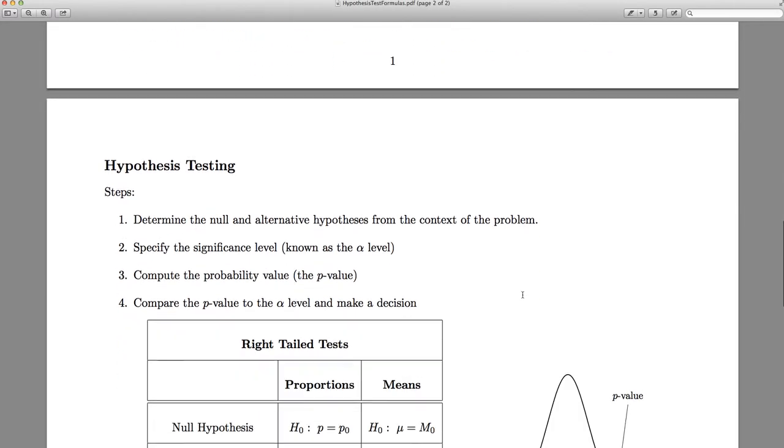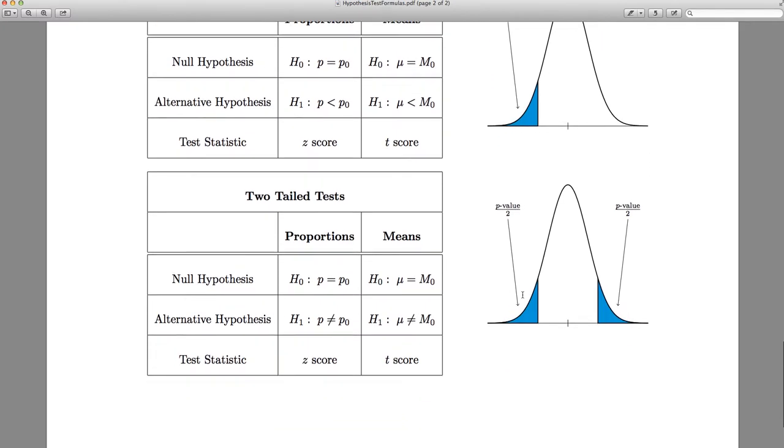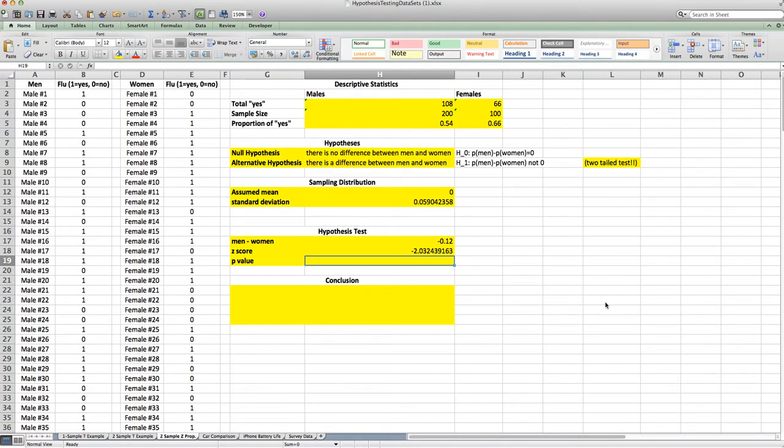Let's scroll to the bottom and look at our two-tailed test. I'm going to be interested in this particular tail first, but then I'm going to double it because I want just the probability that there's a difference between men and women. So I am doing the left-hand side, and it is normal. I can go standard normal distribution because I actually just have the z-score.